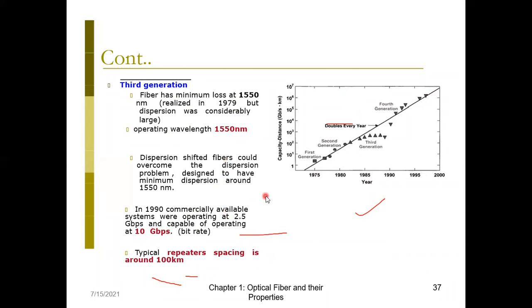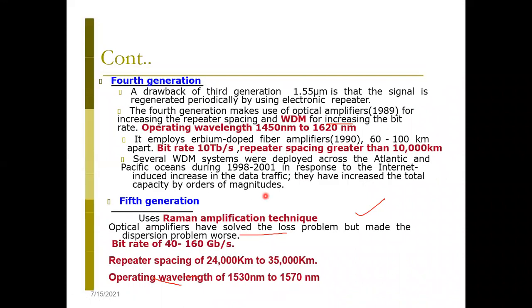Okay. Now going to the 4th generation. We were operating at 1550 nanometer, or you can say 1.55 micrometer. The drawback of the 3rd generation was that we again used the repeater. The repeaters periodically regenerate the signal.